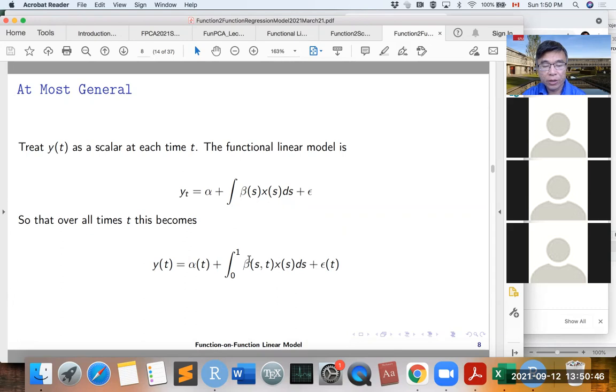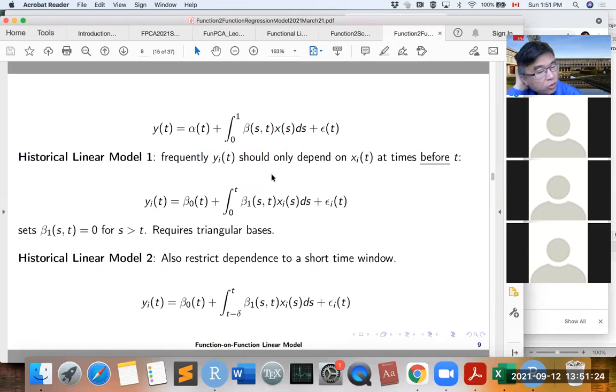Okay, so here you can see that we have a bivariate function beta(s,t). This beta(s,t) represents the effect of x at time s on the value of y at time t, right? So now you can see this model is more general. It can handle the lag effect or historical effect of x on y. So this is the most general case.